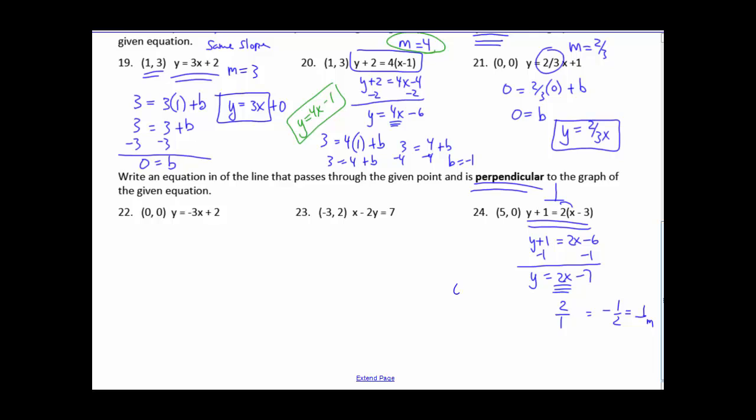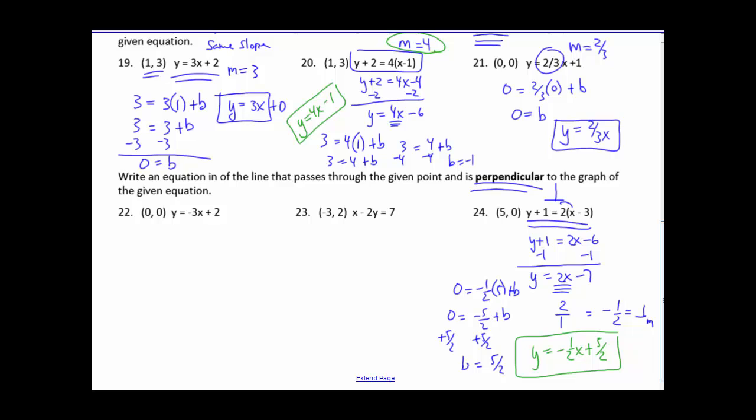We're going to take 0 for the y, plug in negative 1/2 times 5 plus b. 0 equals negative 5/2 plus b. If we add the 5/2 over, you get b equals positive 5/2. So our equation that is perpendicular to the one we were given, but is going through the point (5, 0), is y equals negative 1/2 x plus 5/2.